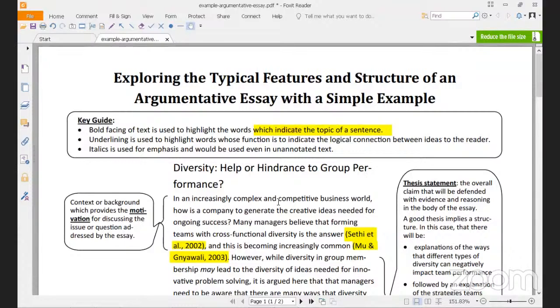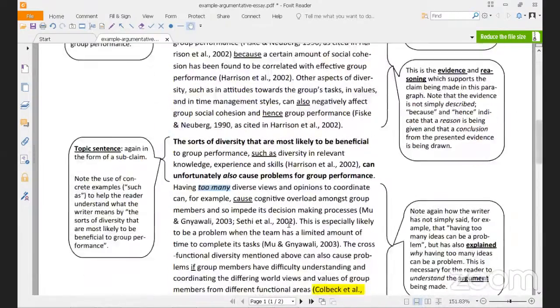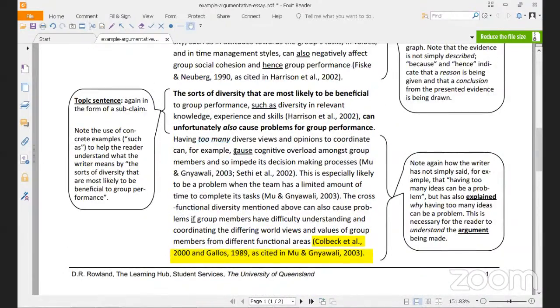It just means that I want to create emphasis. Let's go back. Again, we have some underlining and we have some bold. Again, we are being indicated about a topic sentence. In this case, a form of a subclaim. Any questions up to here?